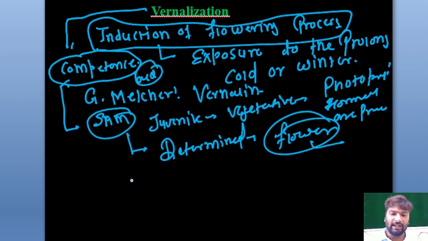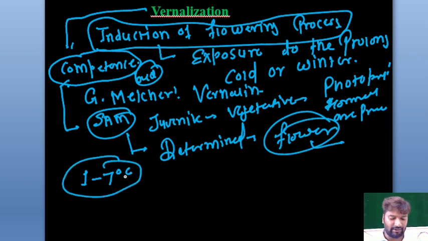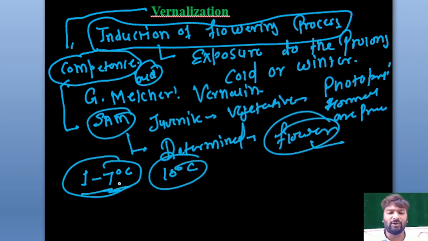And the effective range for this vernalization process is between 1 to 7 degrees centigrade and up to 10 degrees centigrade, and the range is 1 to 7 degrees, means below which there will be no growth.